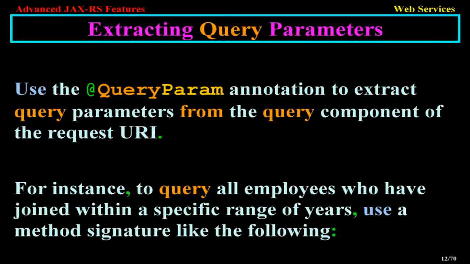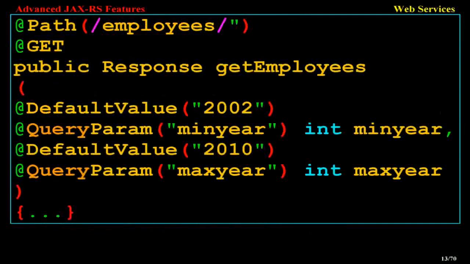Extracting query parameters. Use the QueryParam annotation to extract query parameters from the query component of a request URI. For instance, to query all employees who have joined within a specific range of years, use a method signature like the following. @Path("/employees") @GET public Response getEmployees(@DefaultValue("2002") @QueryParam("minyear") int minYear, @DefaultValue("2010") @QueryParam("maxyear") int maxYear).